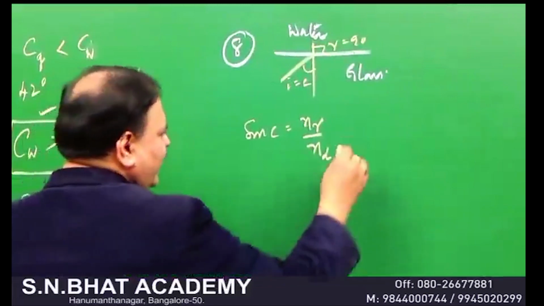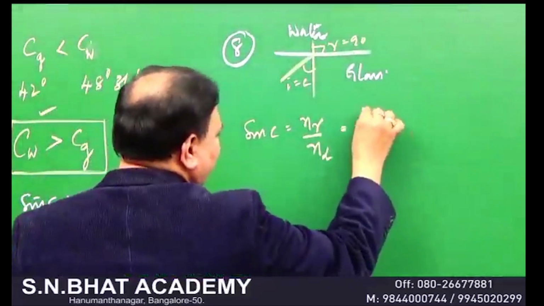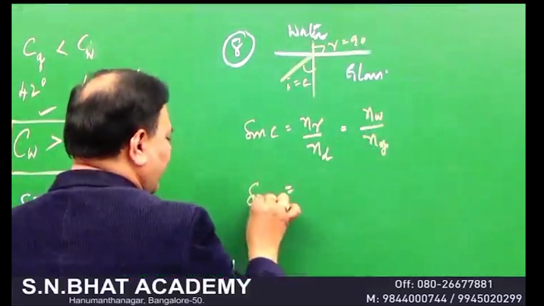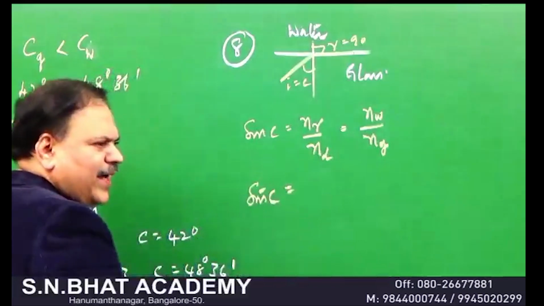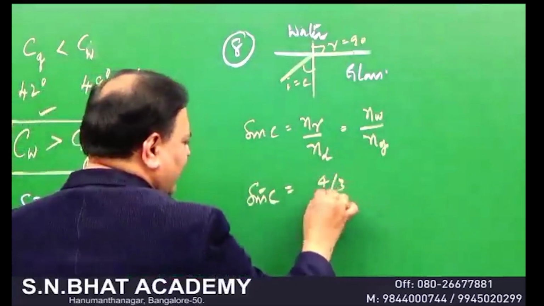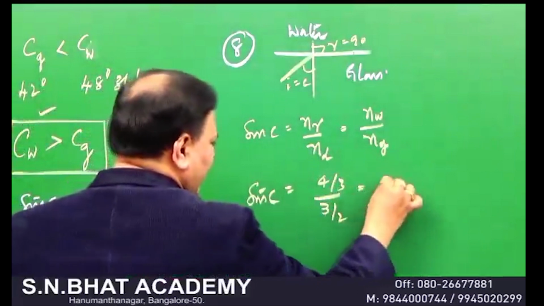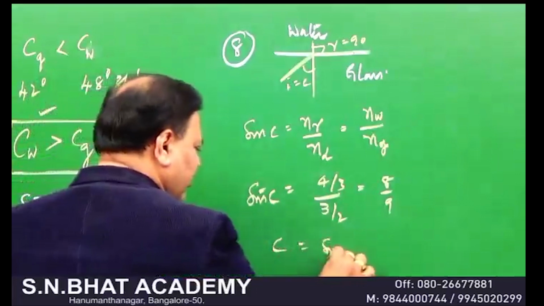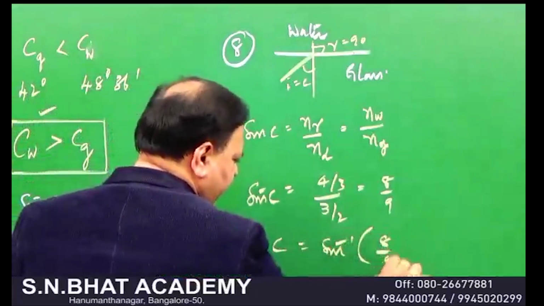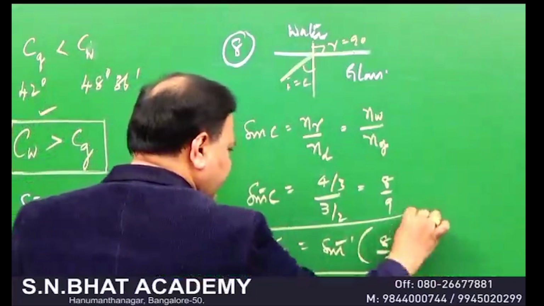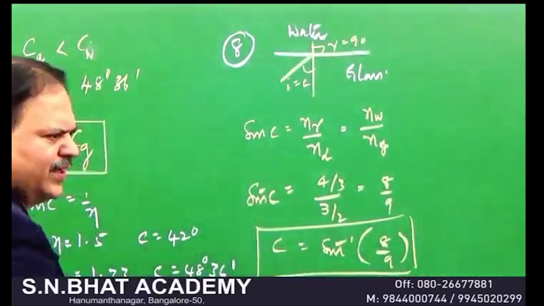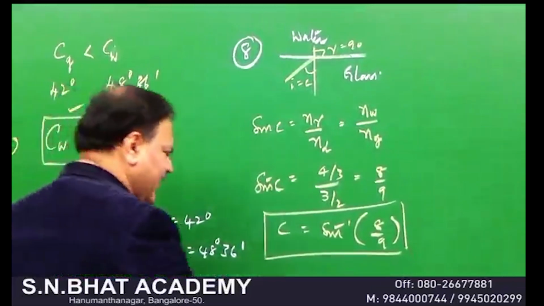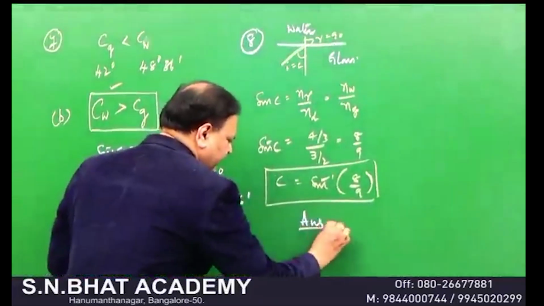He has given the refractive index of water as 4 by 3 and that of glass as 3 by 2. Therefore, sin C is equal to 8 by 9, so C is equal to sin inverse of 8 by 9. That's the answer. Now you search for the various alternatives, sin inverse of half, sin inverse of root, and obviously the answer for this question is C.